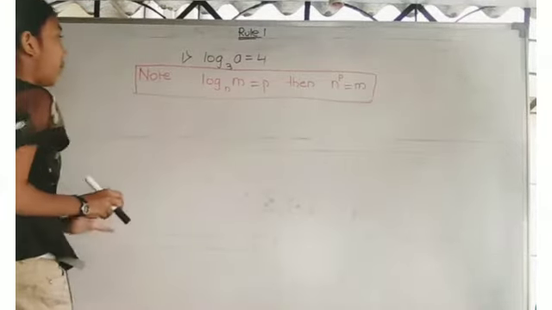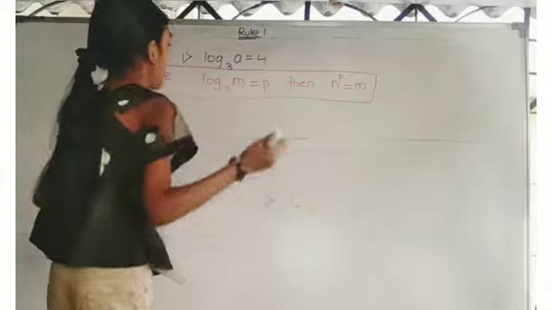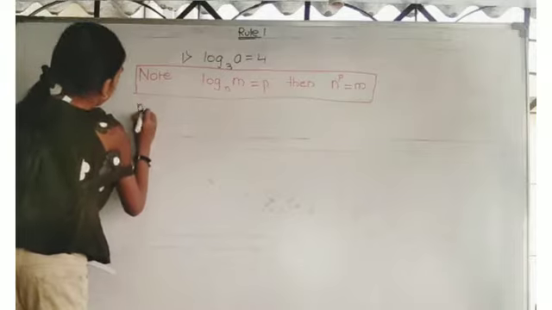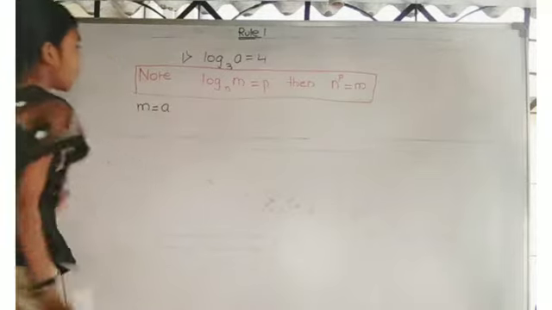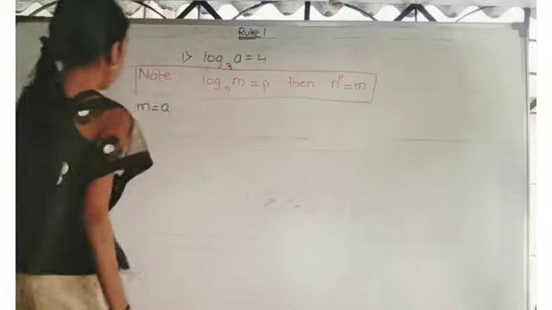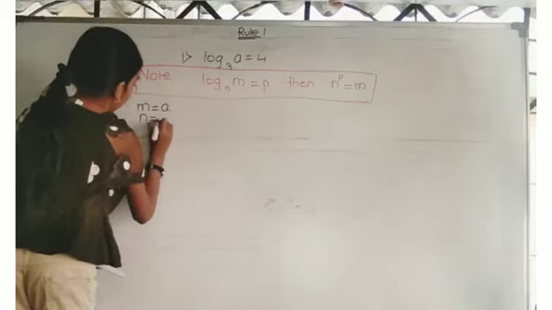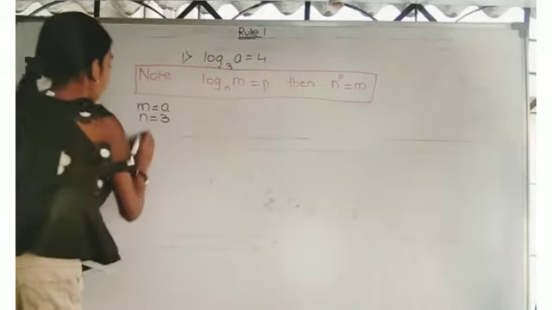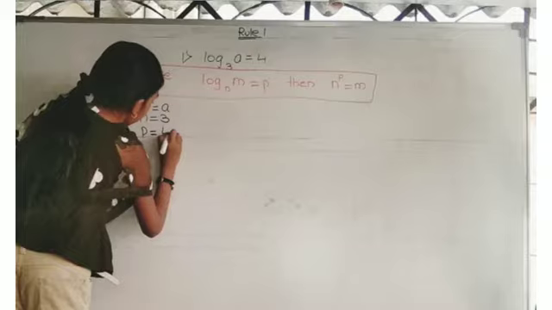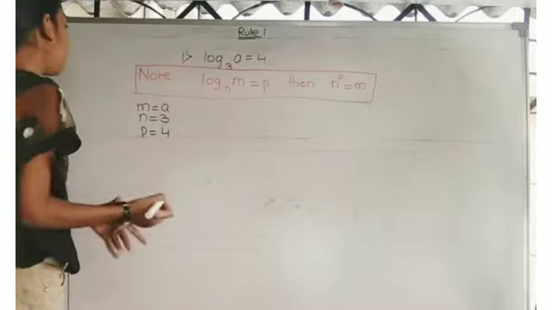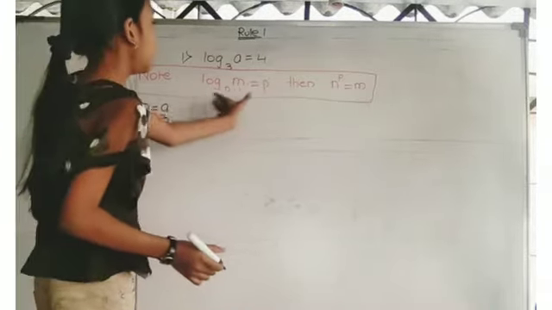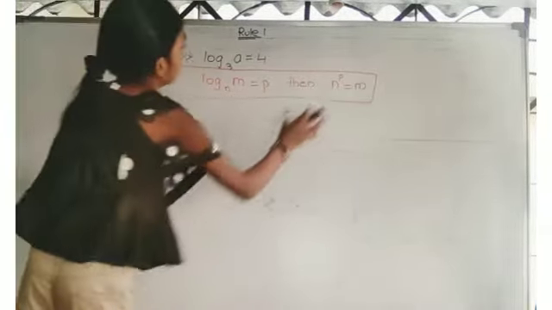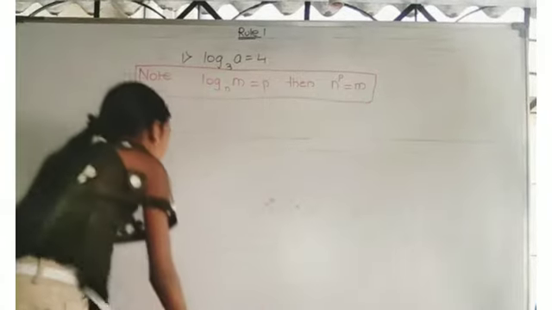Now we are going to compare. So m is equal to a, n is equal to 3, p is equal to 4. Now, as we have converted this into this, we have to convert this in a similar type.